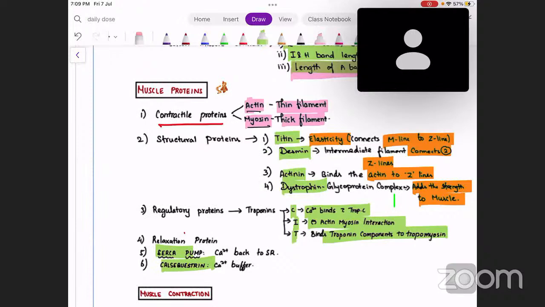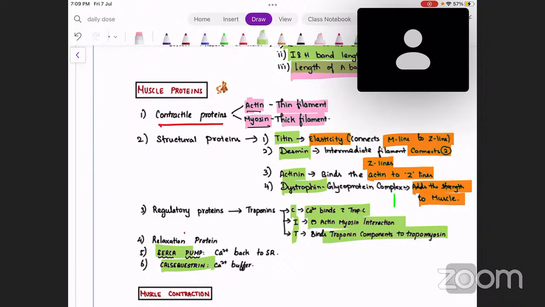Shall we revise the muscle proteins? How many contractile proteins are there? 2: actin and myosin. How many structural proteins? 4. Titin connects the M line to the Z line. Desmin, an intermediate filament, connects Z lines. Actinin binds the actin to the Z line. Dystrophin, a glycoprotein complex, adds strength to your muscle.